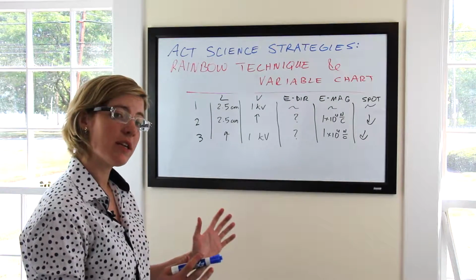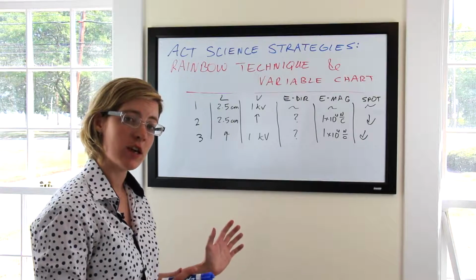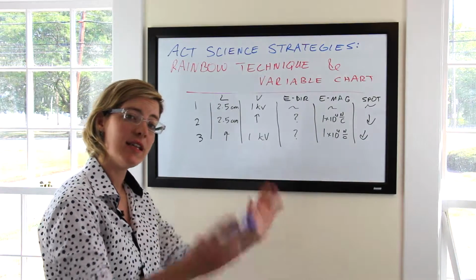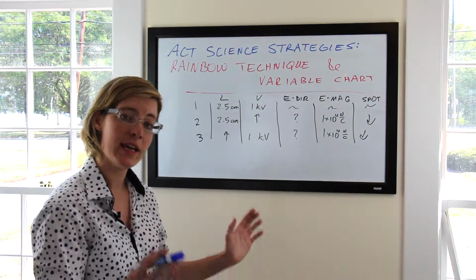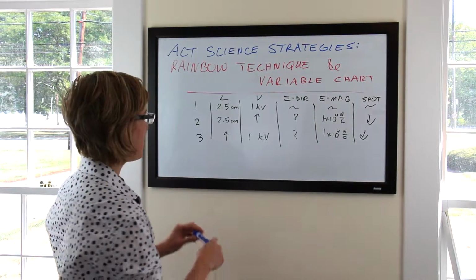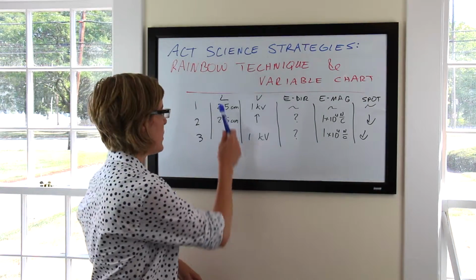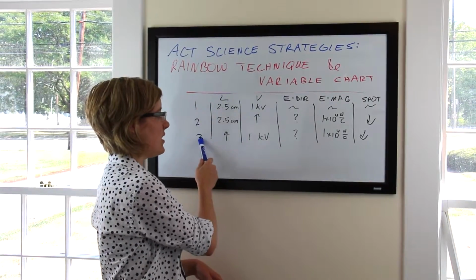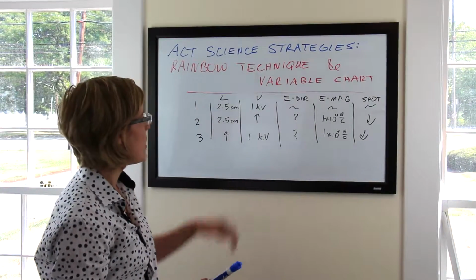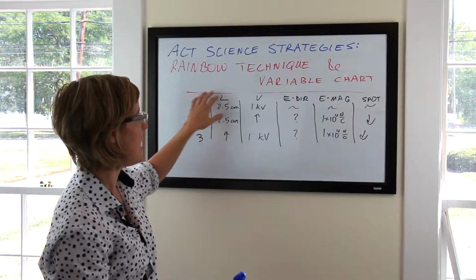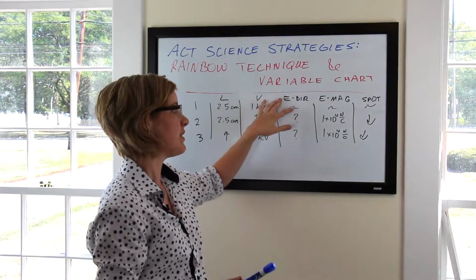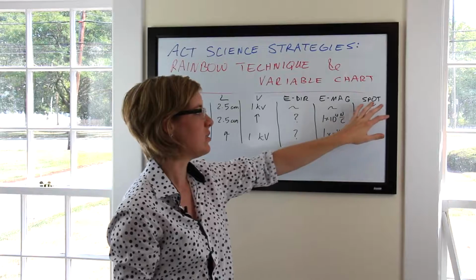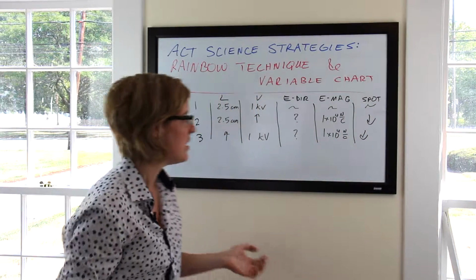You have some room on your paper and you're going to draw a chart of everything that's held constant and that varies within each study. It only takes a few seconds. You can have a study of 1, 2, and 3 and say you vary something called L, V, the electric field direction, the electric field magnitude, and the location of a spot.